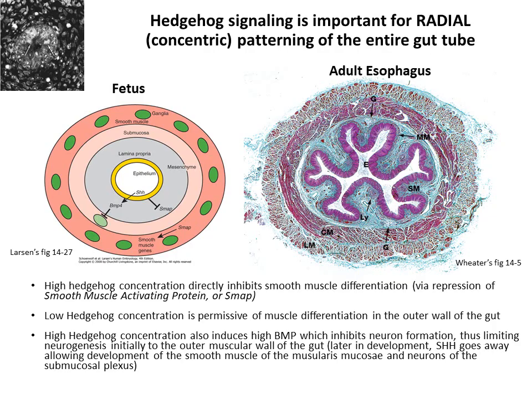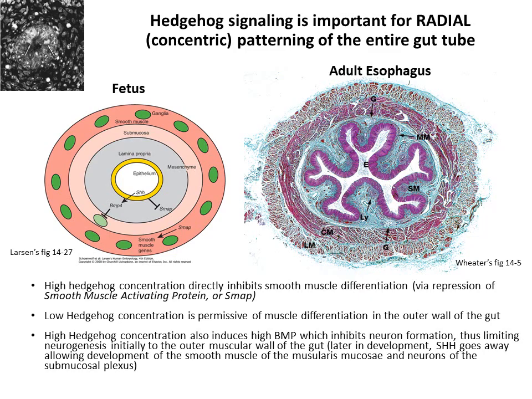That means a gene called hedgehog plays an important role in muscle differentiation. When there is high hedgehog concentration, that directly inhibits muscle differentiation. When there is low hedgehog concentration, it is permissive of muscle differentiation in the outer wall of the gut.